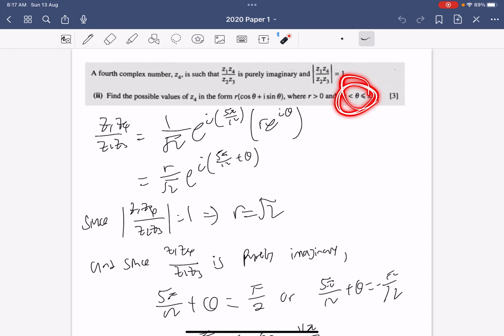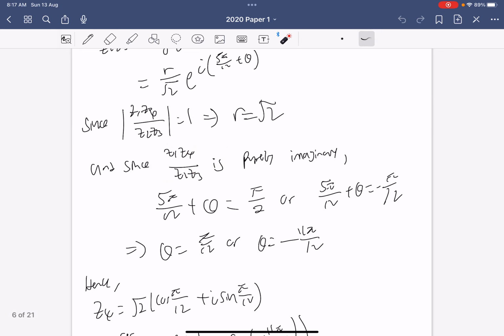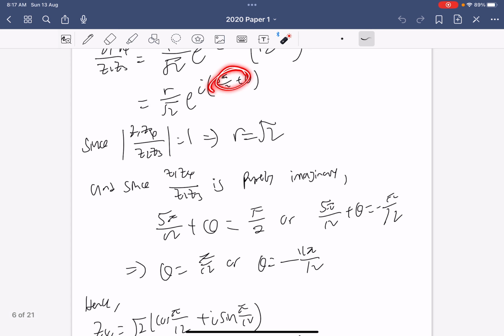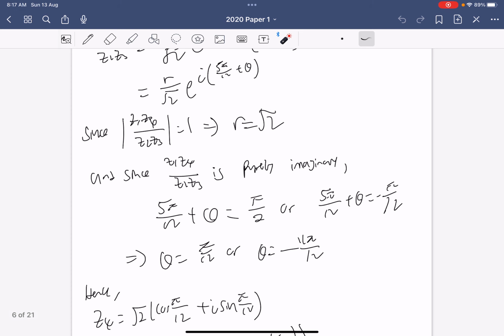So we got that out of the way, we can now find the possible values for θ. And we know θ must lie within minus π and π. Since this is purely imaginary, it means that this angle must either be 5π/12 plus θ equal to π/2, or it must be minus π/2. So when it is π/2, then θ is just π/12.